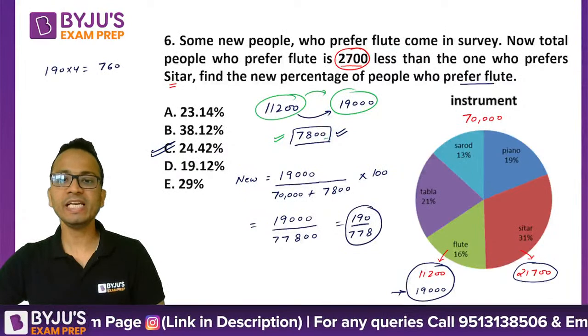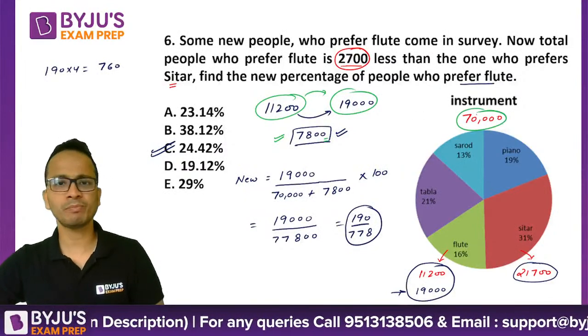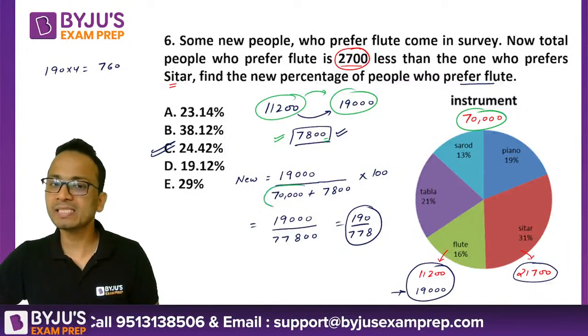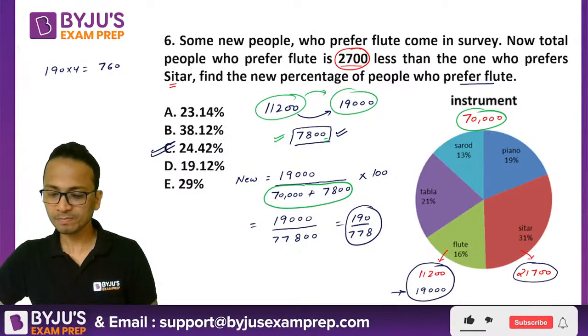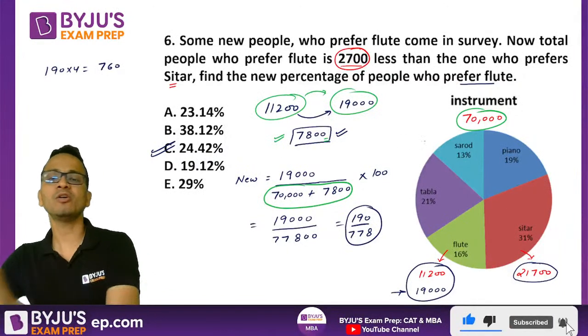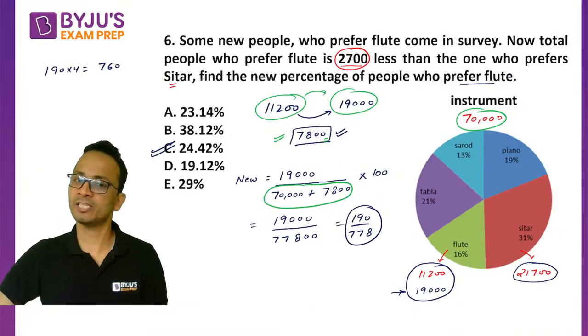Okay, 7,800 is approximately 11% of the original base, but in this case the base has also changed, right? So the base will also change, so that's why you should not calculate 7,800 on the original base.